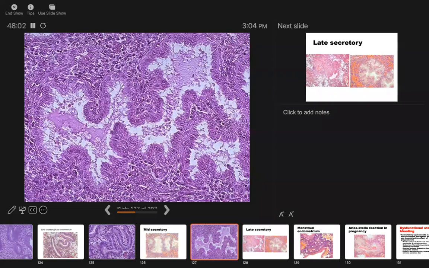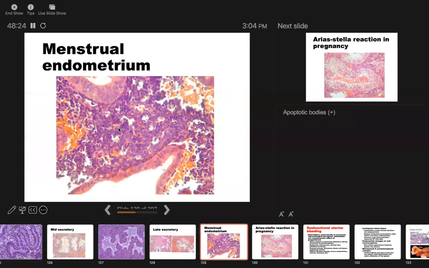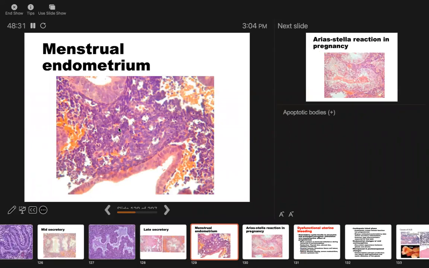And so eventually the corpus luteum dissolutes, the functionalis layer degenerates, and it now leads to bleeding. When that happens, you will see evidence of menstrual endometrium. This time, the glands tend to be more fragmented. In menstrual endometrium, stromal breakdown is characteristic.